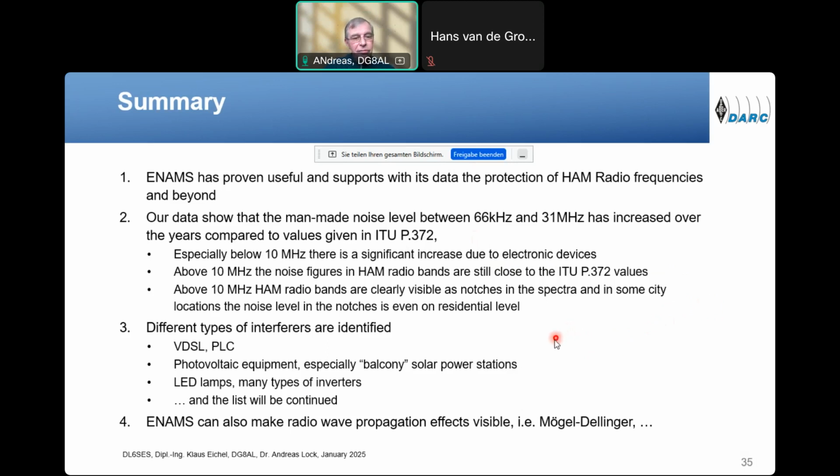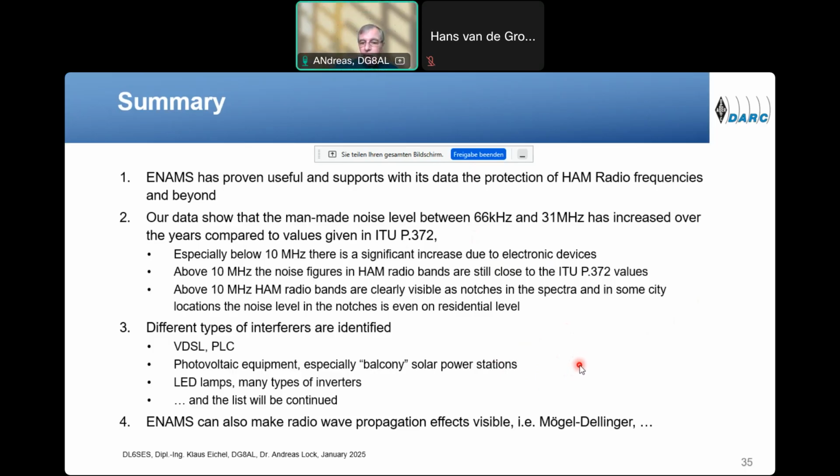We have identified different types of interferers like VDSL and PLC. We call these regulated interferers because they follow the rules and spare out the ham radio bands. Then we have the non-regulated interferers like photovoltaic equipment, especially the balcony solar power stations, which are now a trend in Germany.